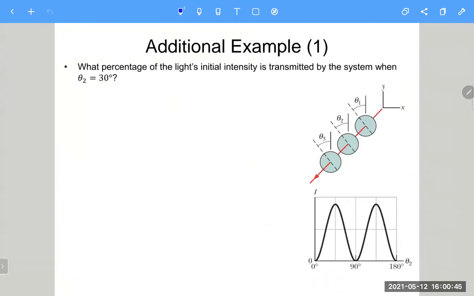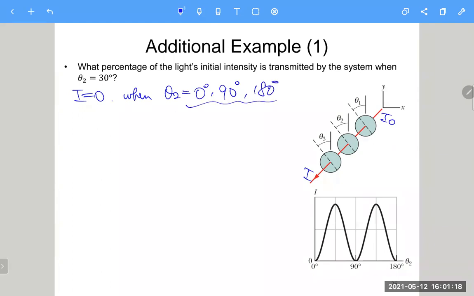Okay, so now we try to see how we determine the angle theta 2. So first of all, the observation is that I equals 0. So let's say this is I, this is I0. We know that I equals 0 when theta 2 equals 0 degree, 90 degree, and 180 degree.